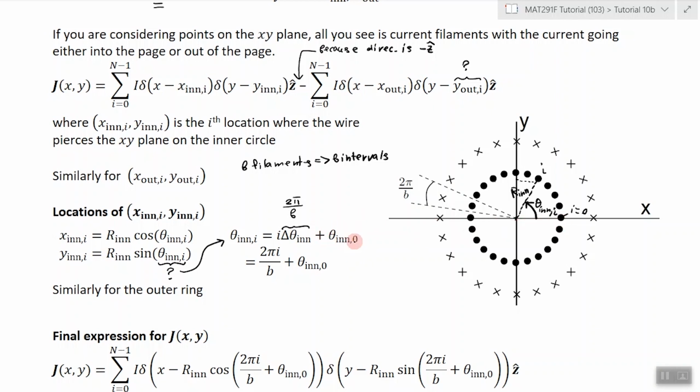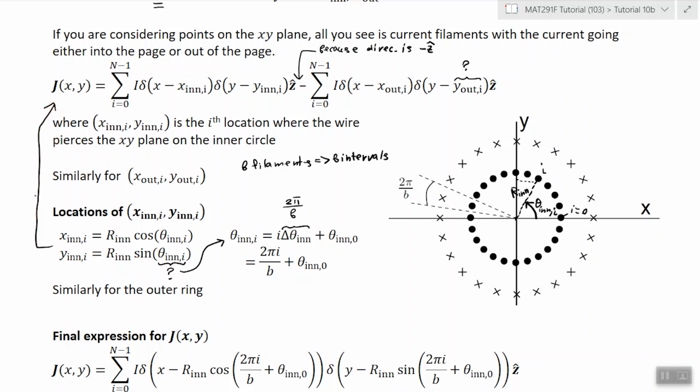Just keeping this makes it a little bit more general, because it gives you freedom of where the 0th filament pierces the xy plane, and then the rest are just separated by this 2 pi over n. Then here, all I did, I just plugged in 2 pi over n. We get 2 pi i over n plus this shift here. For the outer ring, we have the same thing. The only difference is all those inner subscripts are going to be replaced with outer. So now we can just plug everything back into this expression here.